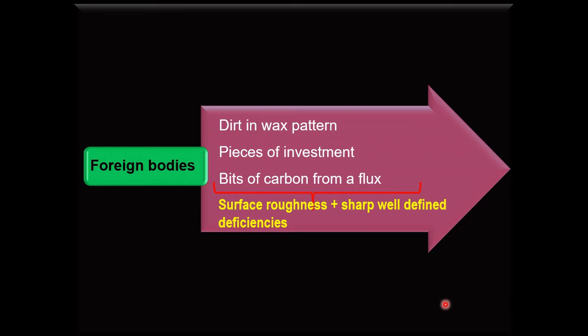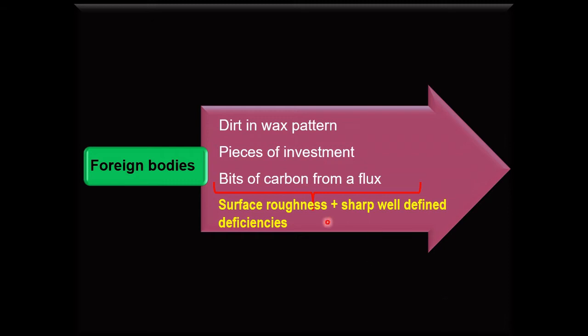Coming on to foreign bodies. When foreign substances get into the mold, surface roughness may be produced. For example, a rough crucible former with investment clinging to it may roughen the investment on its removal, so that bits of the investment are carried into the mold with the molten alloy.